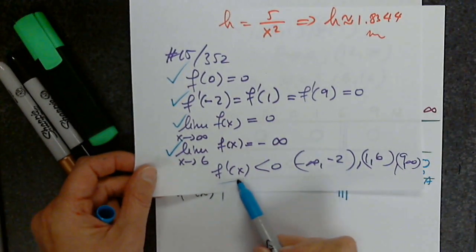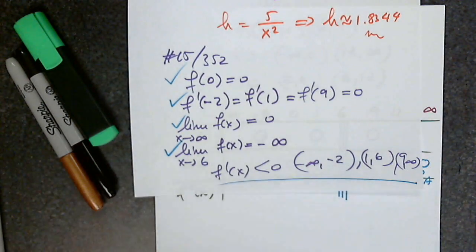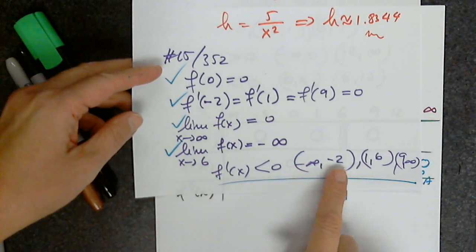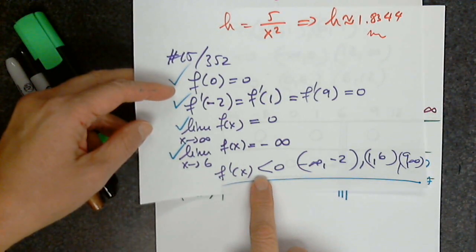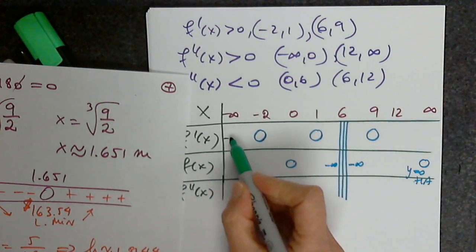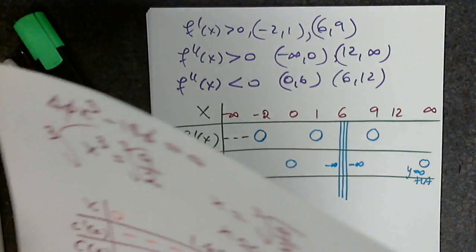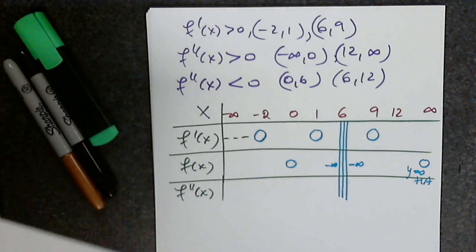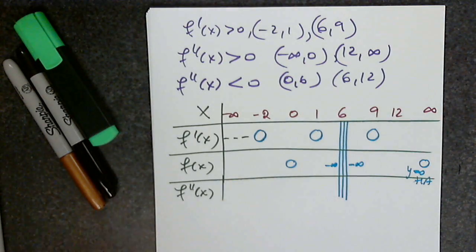Okay, now I'm reading this. What does this say to us? It gives us the sign of the first derivative, right? Okay, so between negative infinity and negative 2, what sign do I have to write for the first derivative? Negative. Between 1 and 6, what sign do I have to write for the derivative?